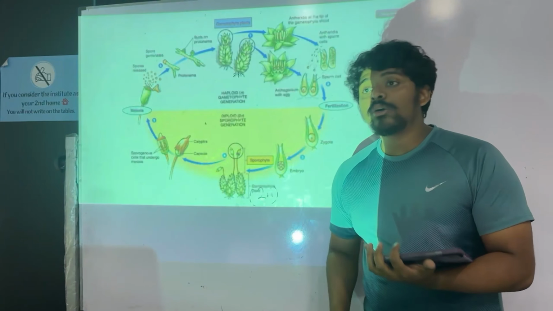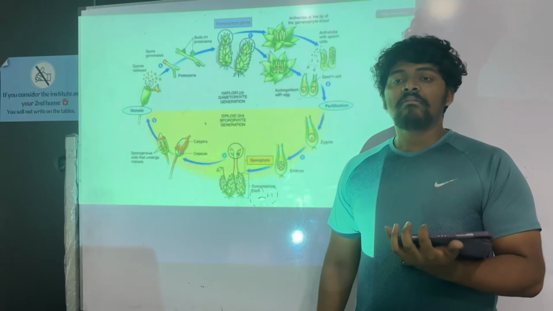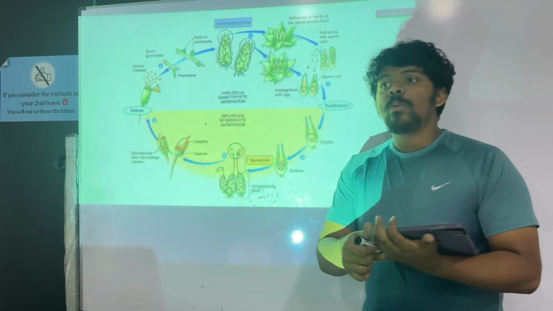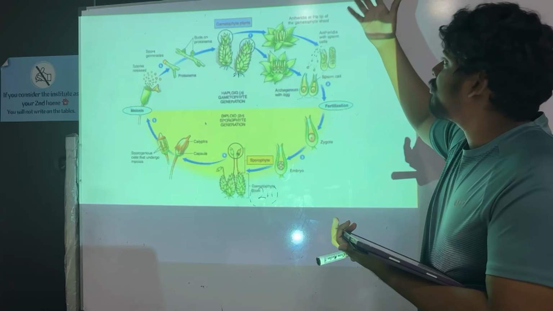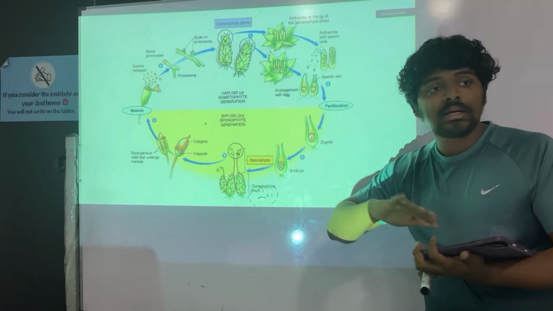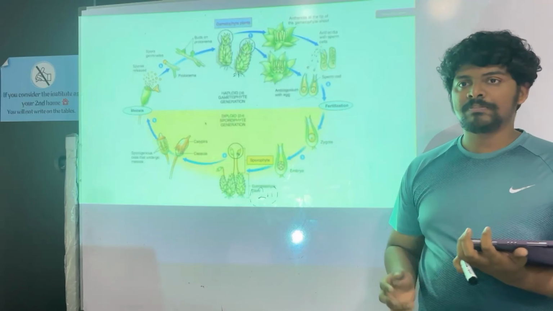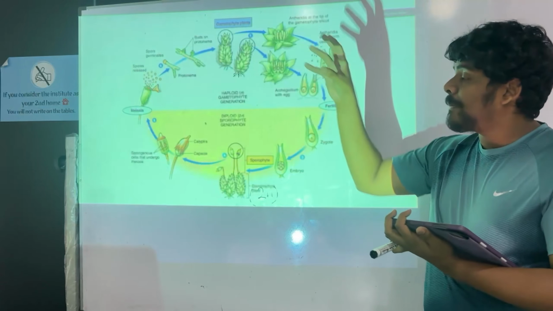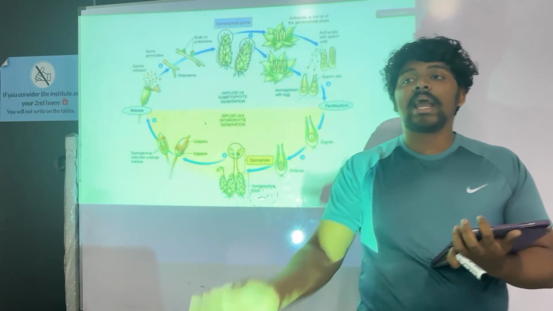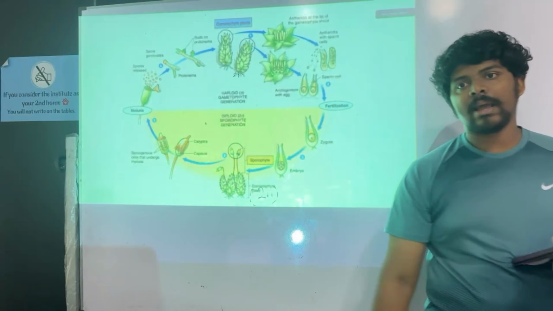Gametophytes are dioecious, unisexual. What does it mean by unisexual? If you take the male parts and the female parts, they are found on different plants. Okay? It is dioecious, unisexual. There is a separate male gametophyte and there is a separate female gametophyte.